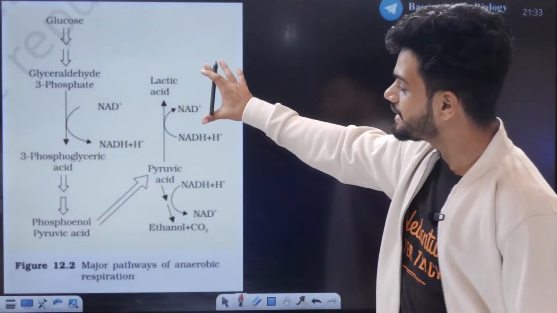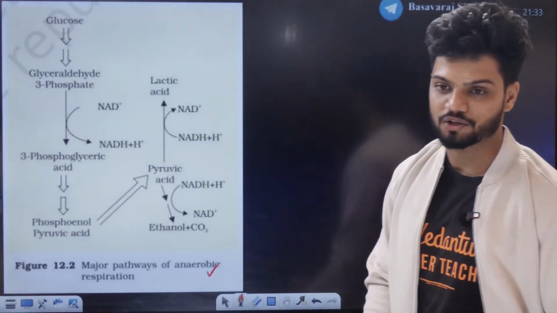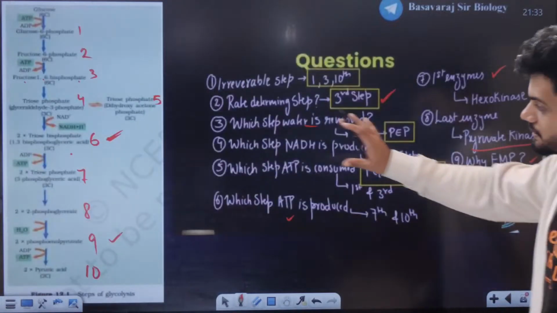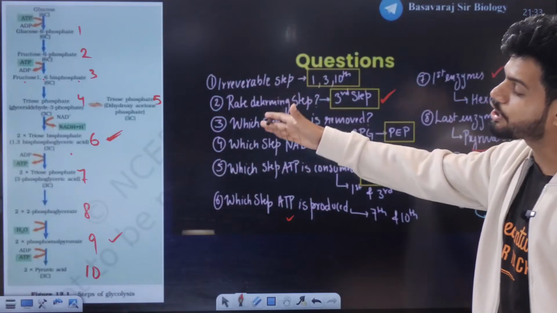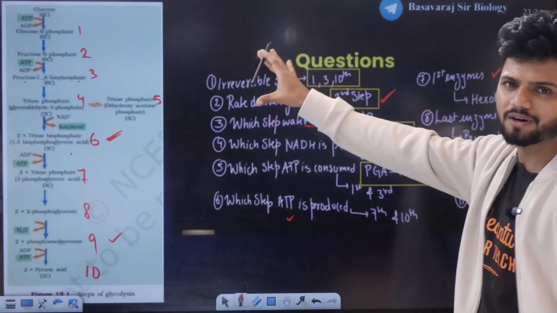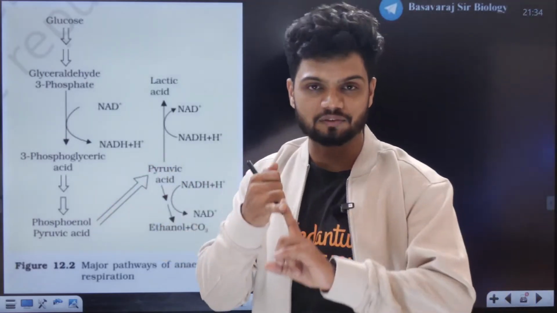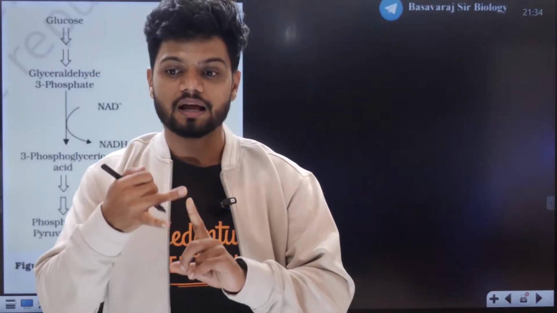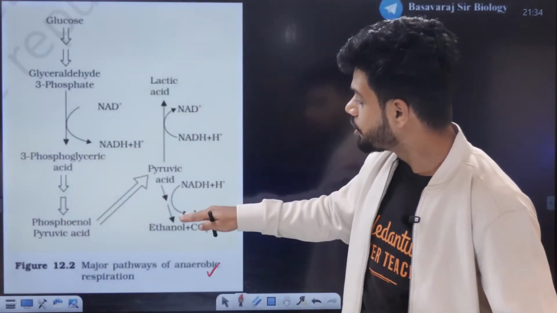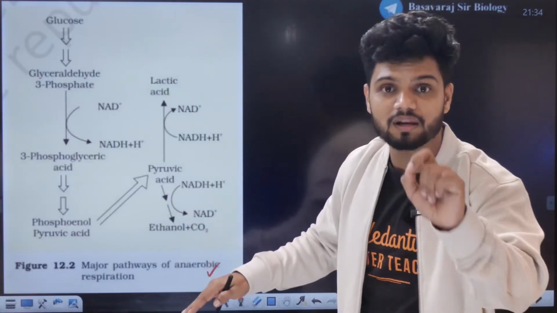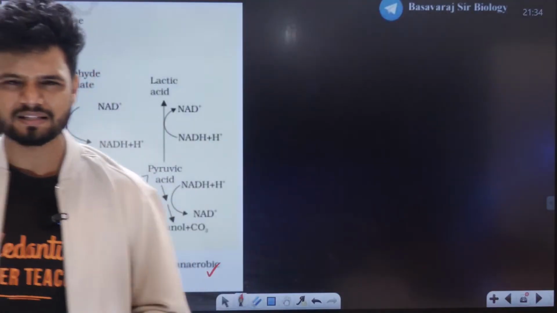Now next I'll teach you anaerobic respiration. Remember, glycolysis happens in both aerobic and anaerobic conditions. It is the first step in respiration. Lactic acid fermentation and alcoholic fermentation both occur in anaerobic conditions.